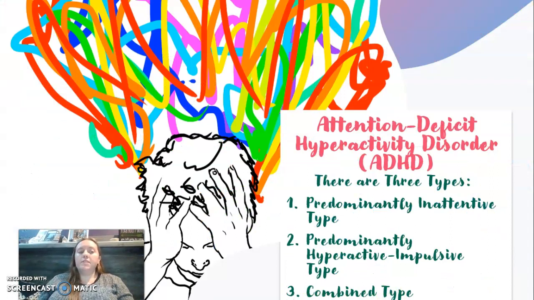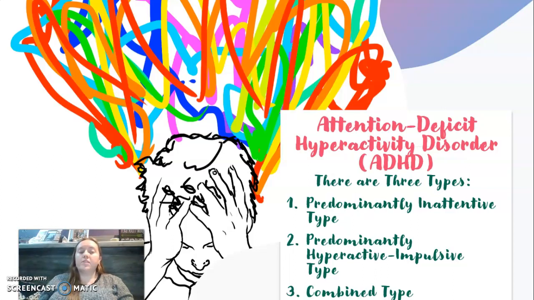Moving into attention deficit hyperactivity disorder, ADHD for short. There are three types, which include predominantly inattentive type, predominantly hyperactive-impulsive type, and combined type. The combined type has the characteristics of the other two types.